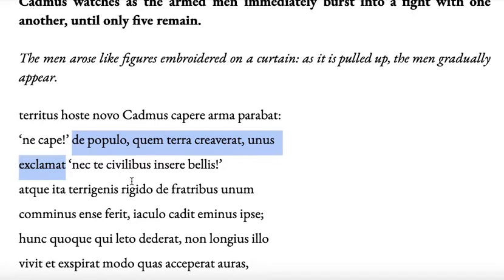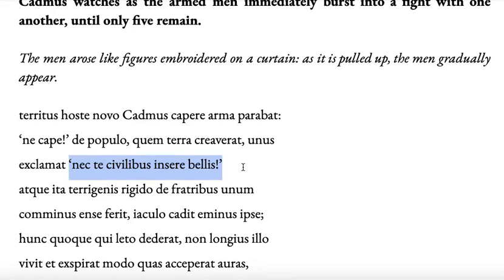And then the next phrase here is nec. We're back in direct speech here. Nec te civilibus insere bellis. And that means and do not. So you've got nec meaning and not. And then insere is an imperative. Do not... something like insert yourself. So inserere means to literally sew something into something else.